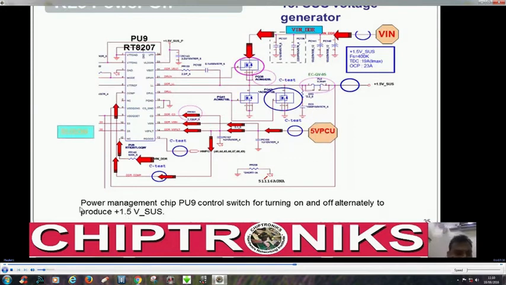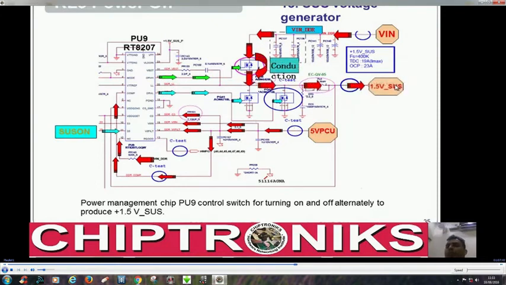And then you can see SUS_ON is enabling drive high, drive low, and this MOSFET will switch on to generate 1.5 volt SUS. So you can see how this SUS_ON is enabling this regulator to generate the 1.5 volt SUS.